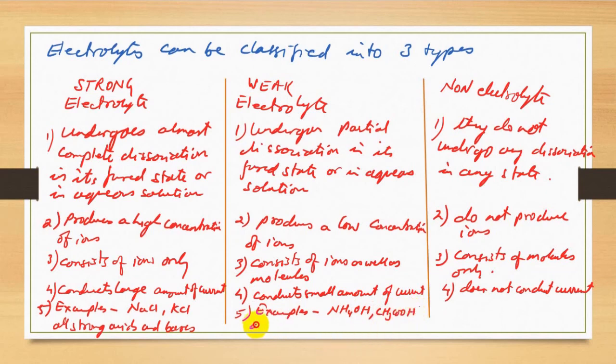In fact, you can say all weak acids and weak bases, they all are weak electrolytes.